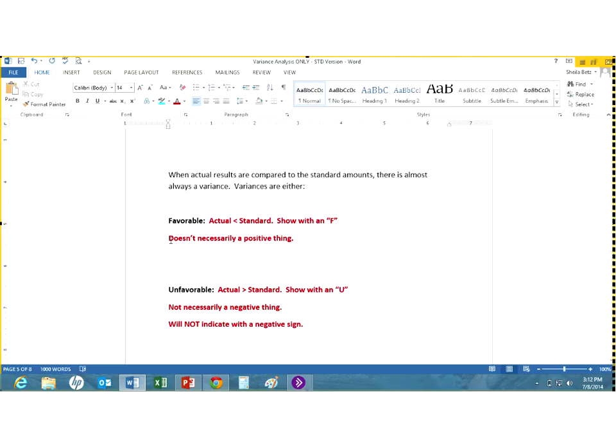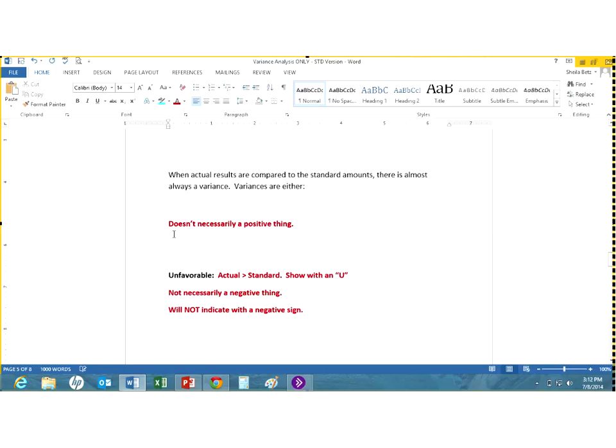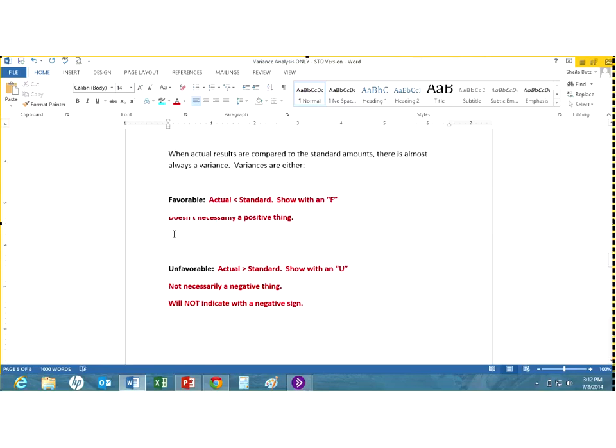And we'll talk about that in more detail in a few minutes. If it's unfavorable, that would mean the actual was greater than what we had expected, and we're going to demonstrate that with a U. But once again, it doesn't necessarily mean it's a negative thing. With either variance, we're never going to indicate a negative sign or a positive sign. We indicate it instead with an F or a U.